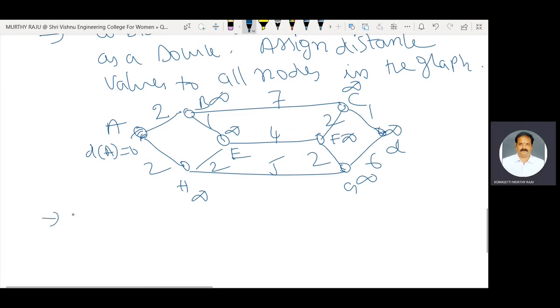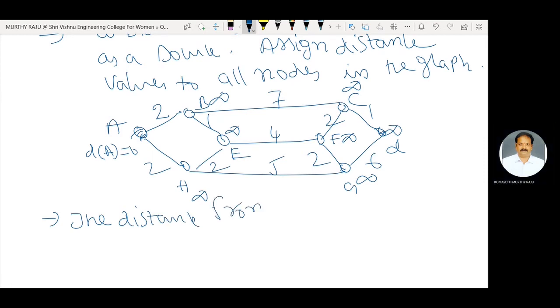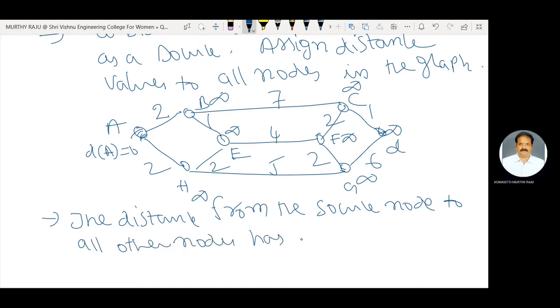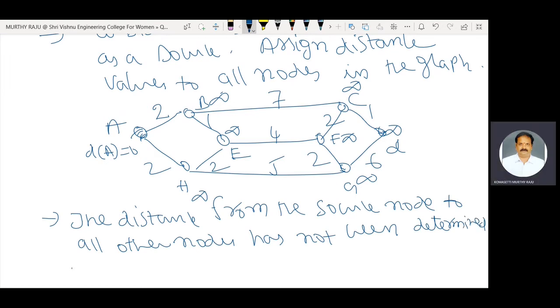The distance from the source node to all other nodes has not been determined yet.